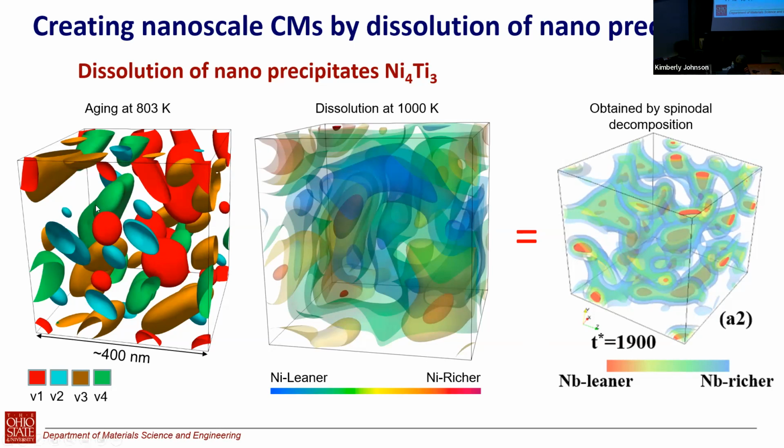By doing so, you can create a compositionally modulated microstructure, 100% austenite. Every single part can transform into martensite, but you have a modulation of the nickel content in this particular case. It's very similar to the niobium ones we showed before.